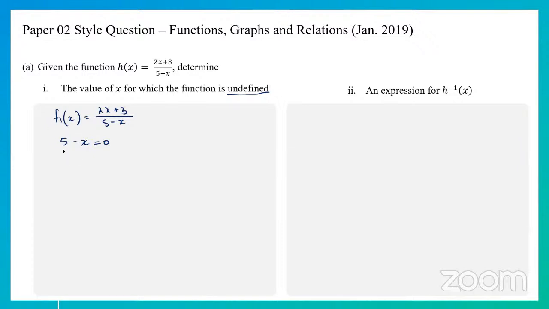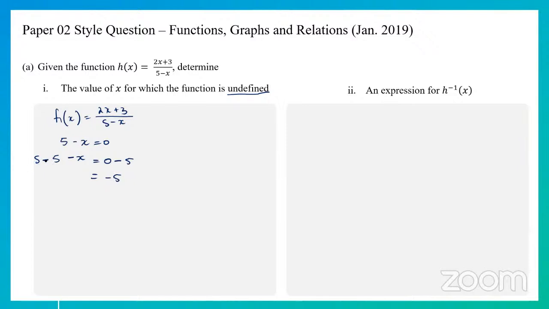So I'm bringing over first that 5. 5 minus 5 minus x is equal to 0 minus 5. Now we know that 0 minus 5 is going to give us negative 5.